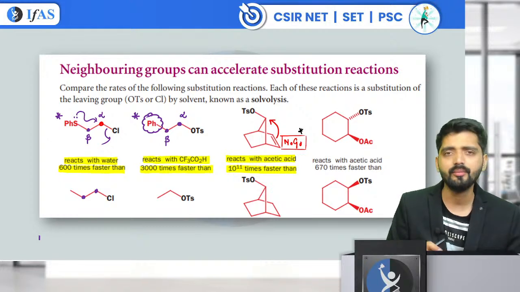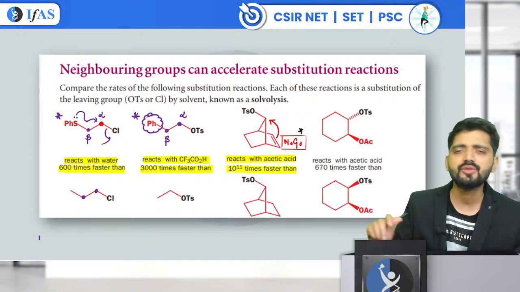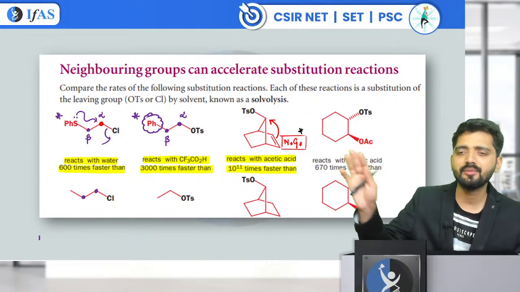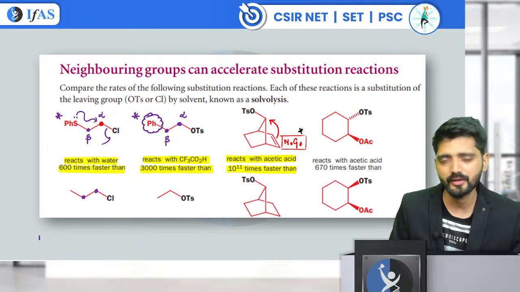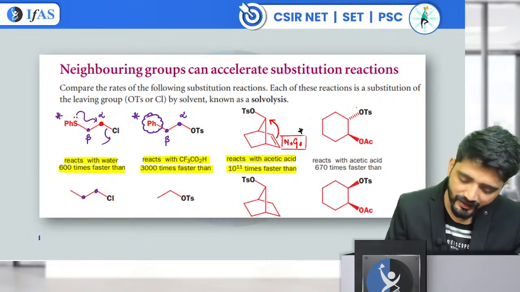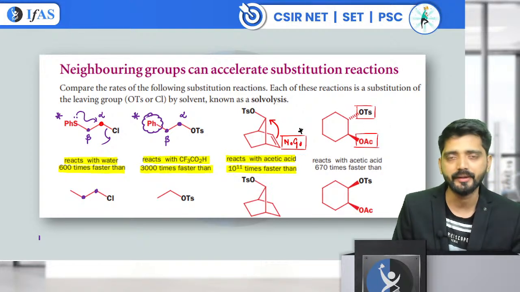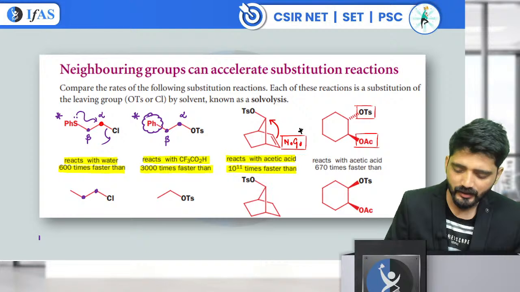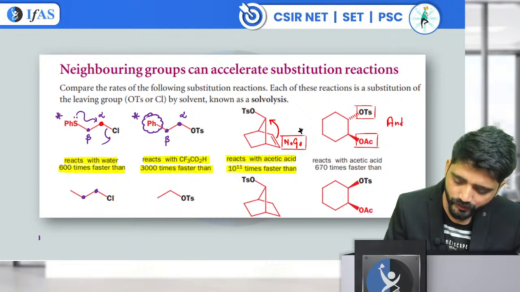This I have picked from the Clayden book, and this is the scenario which we were discussing. Our case number 1 belongs to this acetolysis part only. When you see the first situation, what we have is an OTs group which is below the plane and an OAc group which is above the plane. Correct? Now, since they both are anti to each other, yes, there is a possibility that neighboring group participation will take place.